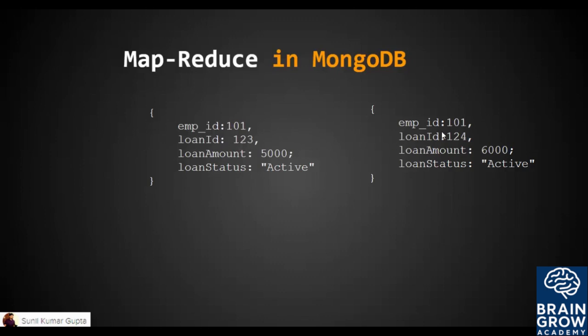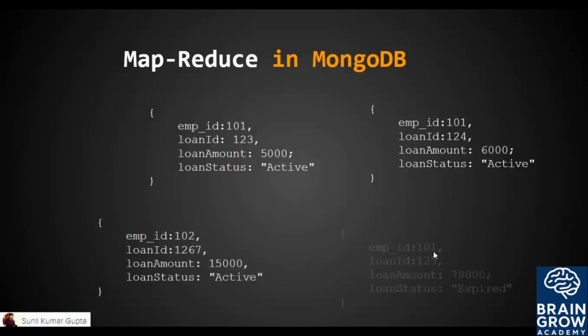An employee can have an active loan and an expired loan. So it will have the employee ID for different employees, and all the active and expired loan details with the loan ID and employee ID.